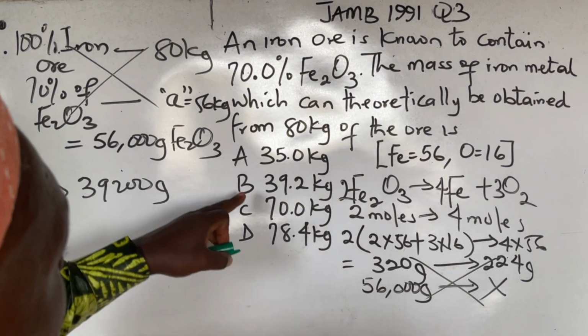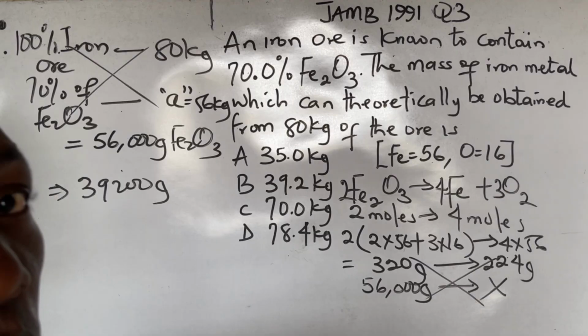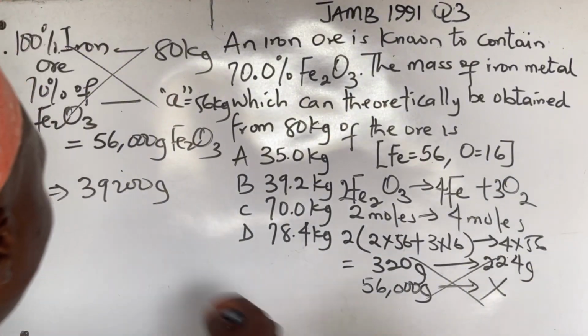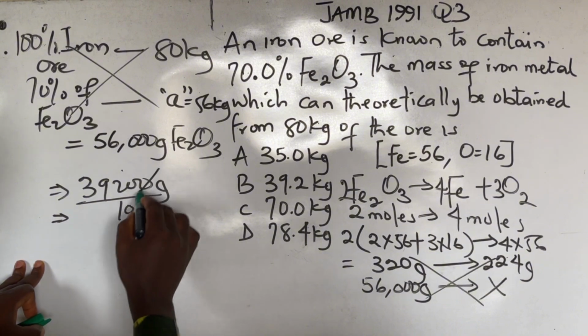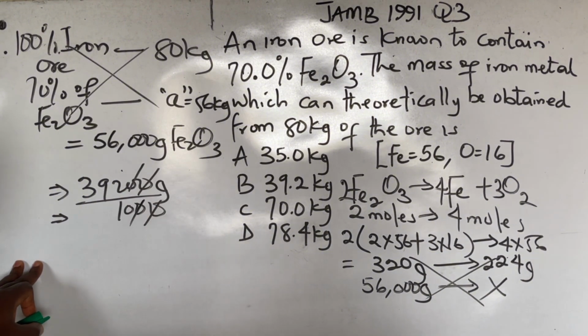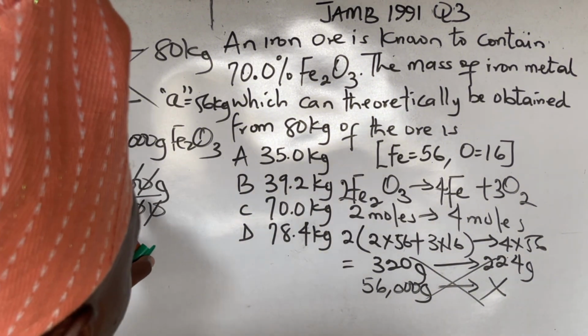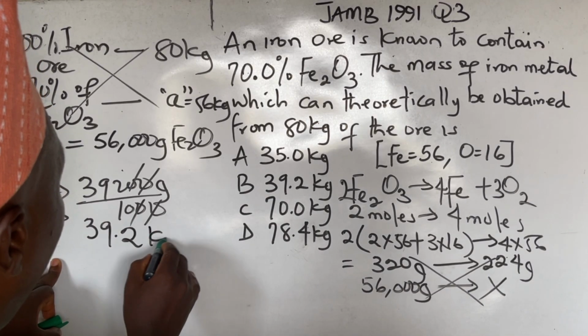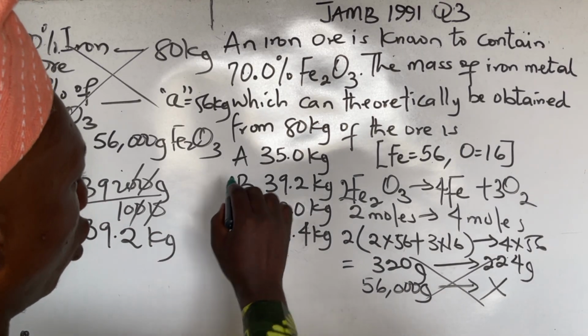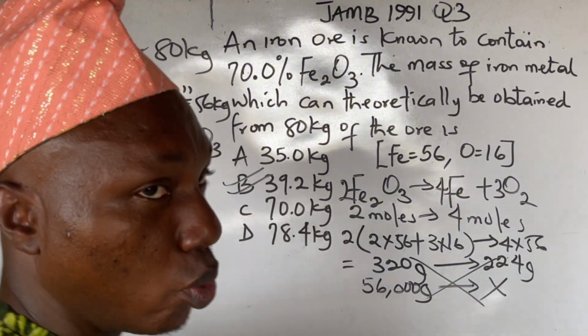But if you see, the solution is in kilogram. I need to divide back by 1000. So if you divide this one by 1000, the 2 zeros cancel. If you are dividing by 10, means you move once. So that will be 39.2 kilograms. So the solution is option B, 39.2 kilograms.